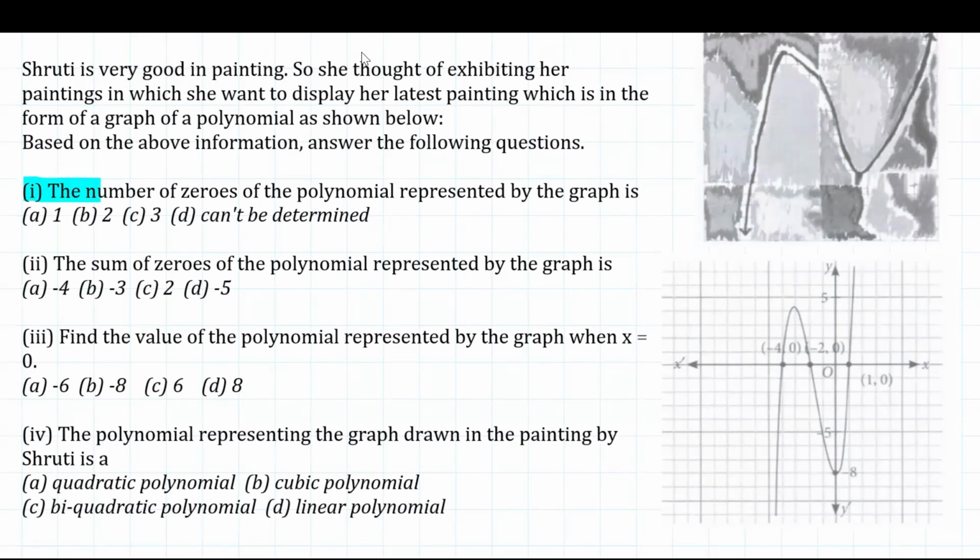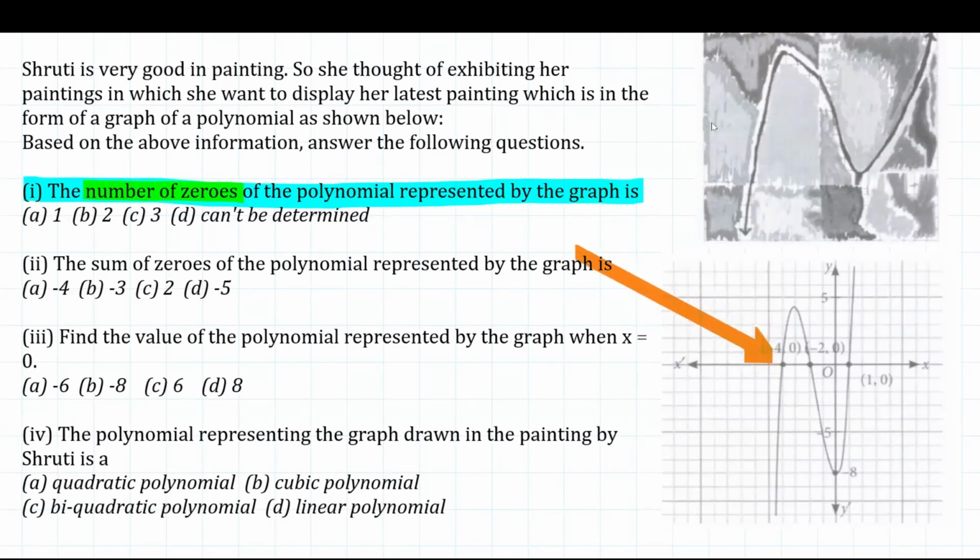It says the number of zeros of the polynomial represented by the graph. So make sure you are just looking for the number of zeros and not the zeros. So how do we get the number of zeros? You can see the number of times the graph touches the x-axis.